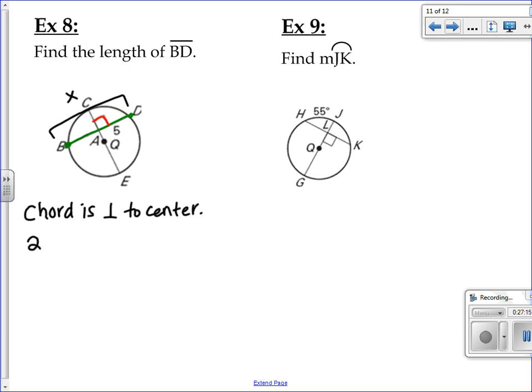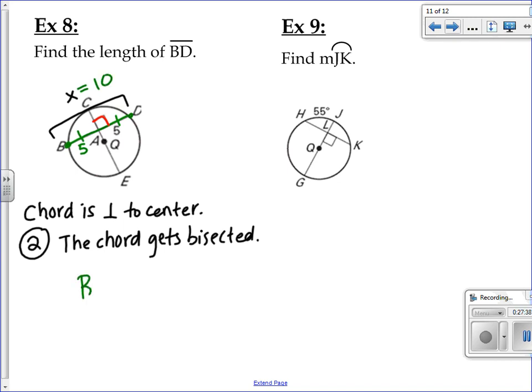This is property number 2. And what does that property tell us? The chord gets bisected. So that means the chord is being split in half. Well, notice that we're already given half of it's 5, so I know the other half is 5. So what is the total of X? It is going to be 10. So BD is 10.